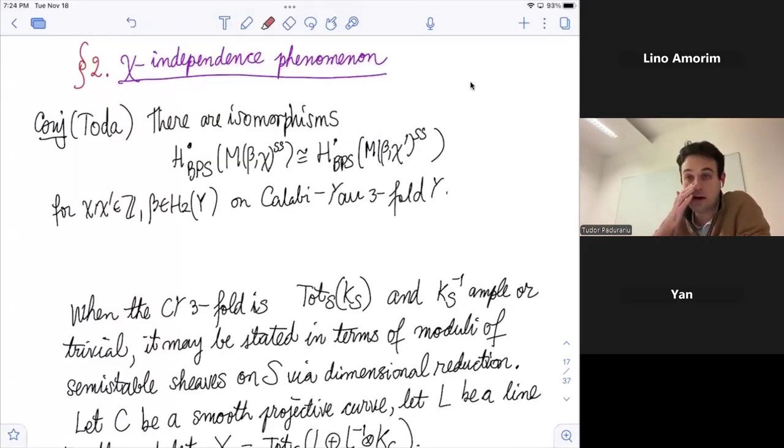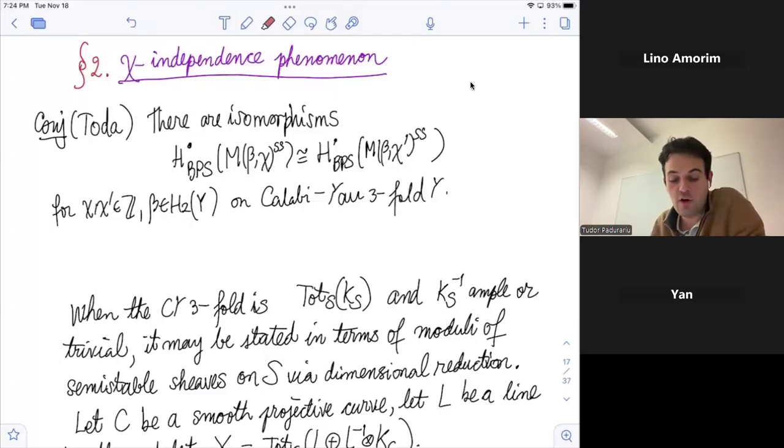So here is yet another such problem, a conjecture due to Toda. If one considers a Calabi-Yau threefold Y, one can consider the moduli space of sheaves supported on a curve class beta, semi-stable with Euler characteristic chi and chi prime. And there should be an isomorphism between these BPS cohomologies.